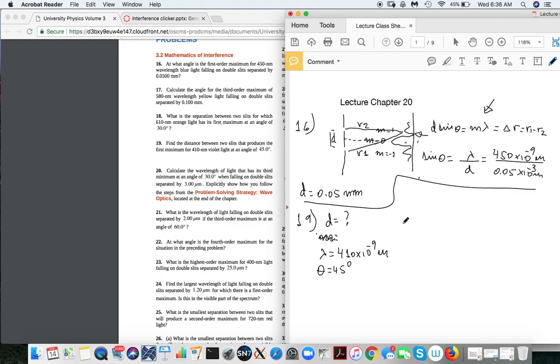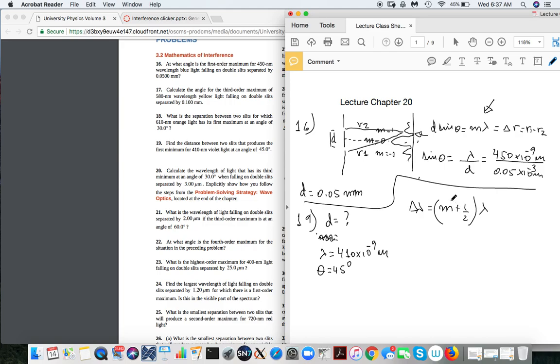To ensure that del R gives destructive interference, we have a different equation. We want the separation between the paths of the two light rays to be equal to half-integer numbers of wavelengths, basically.